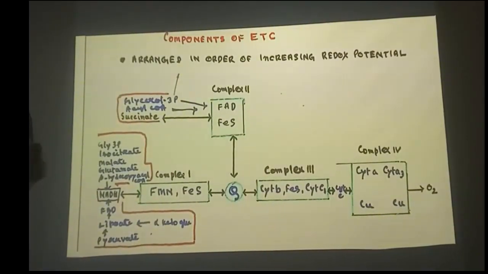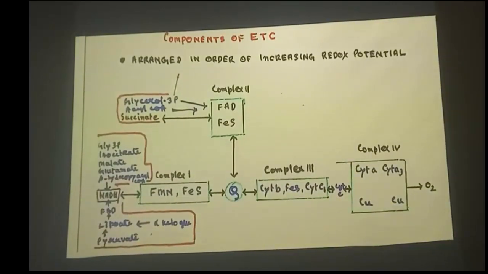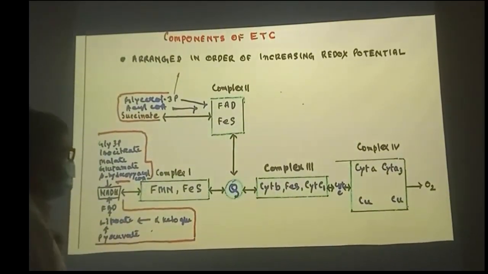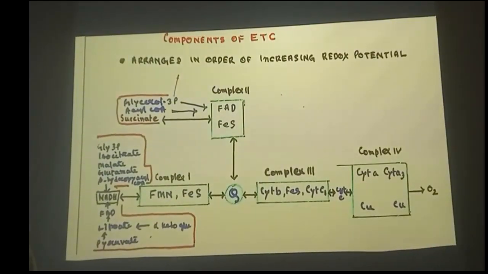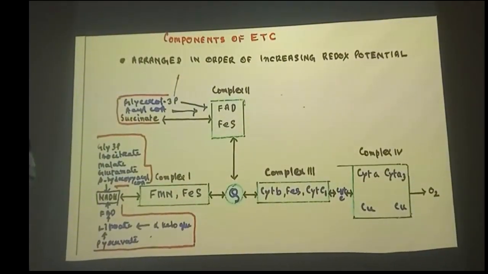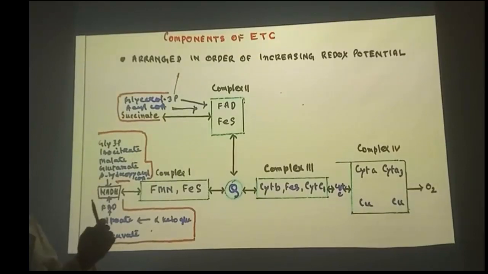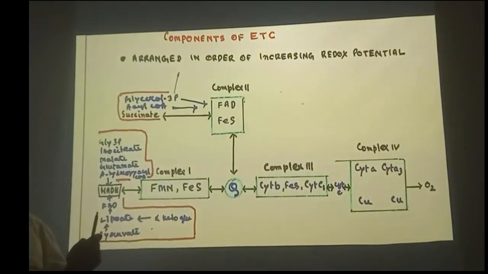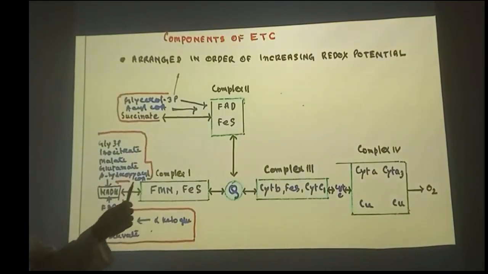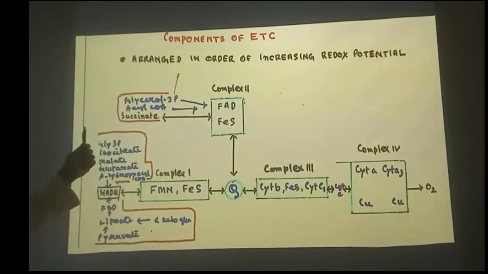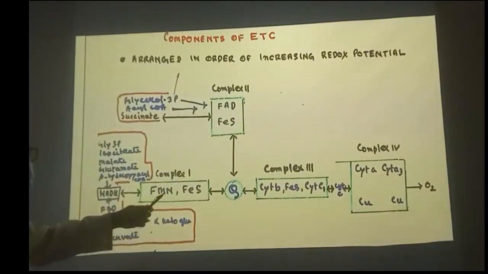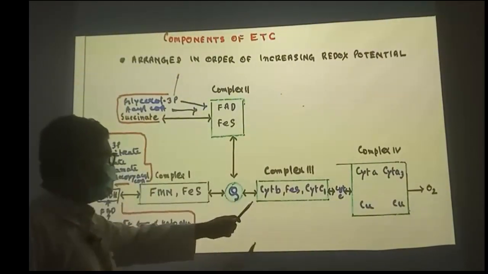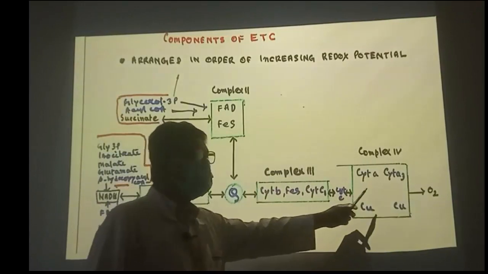So, the components of the electron transport chain. They are nothing but different enzyme protein complexes. There are 4 complexes comprising the total electron transport chain: complex 1, complex 2, complex 3 and complex 4.